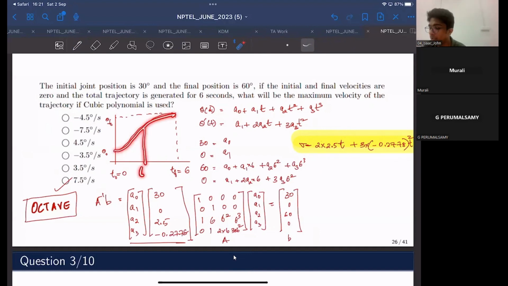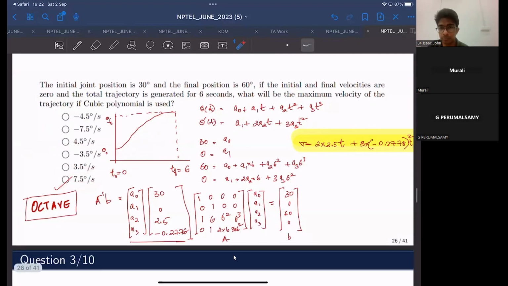It's always going to be tf by 2 where you will have the maximum velocity. So if you substitute half of the time that you have been given onto the velocity equation, you will end up with the corresponding numerical value for the maximum velocity. So the answer is indeed 7.5 degrees per second.